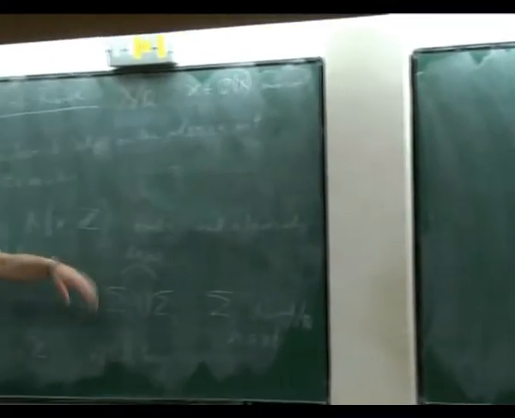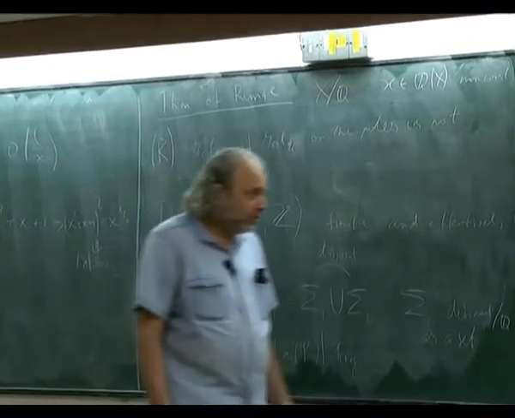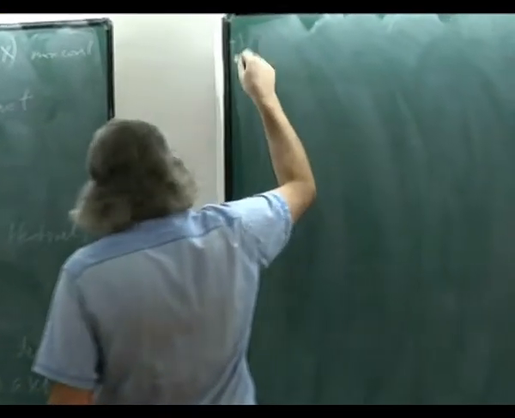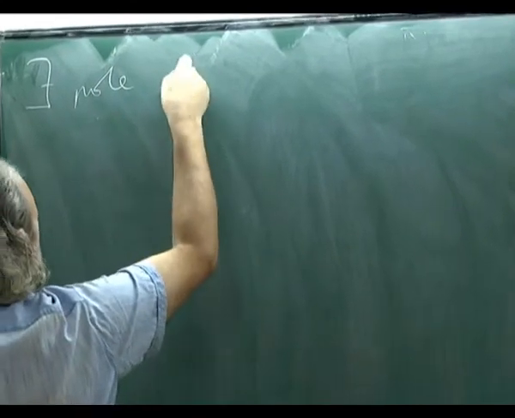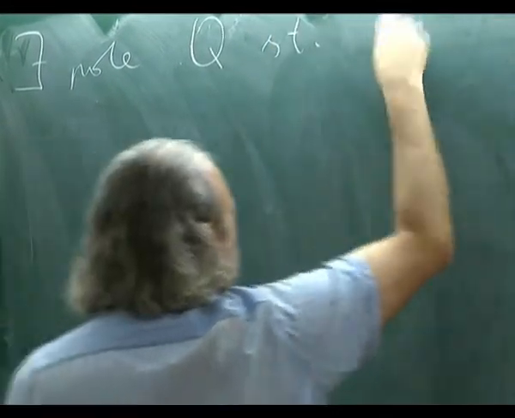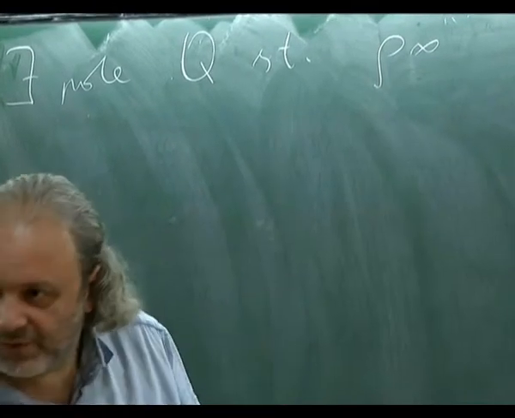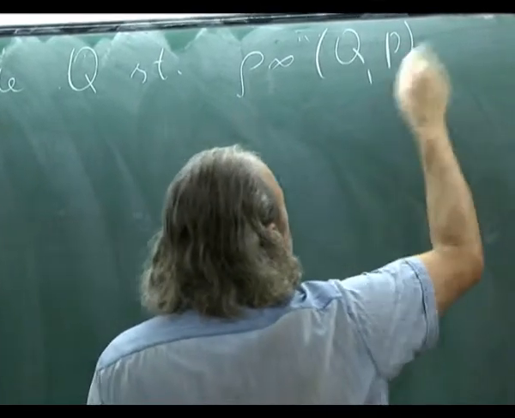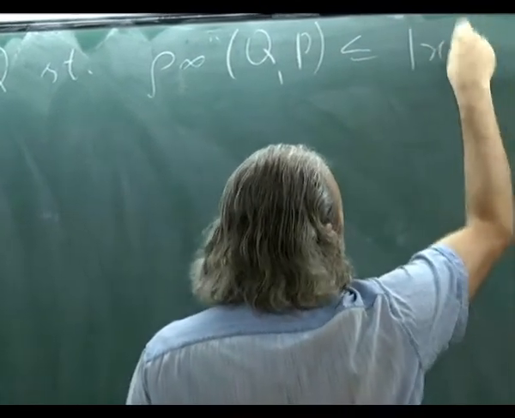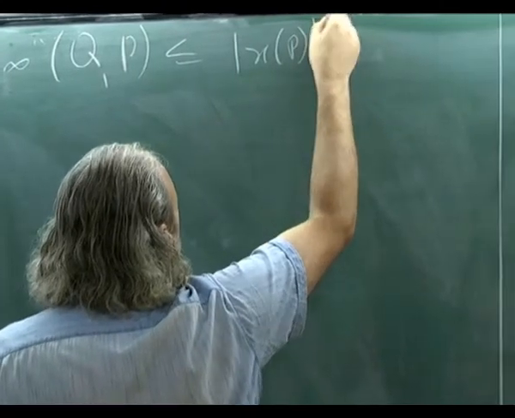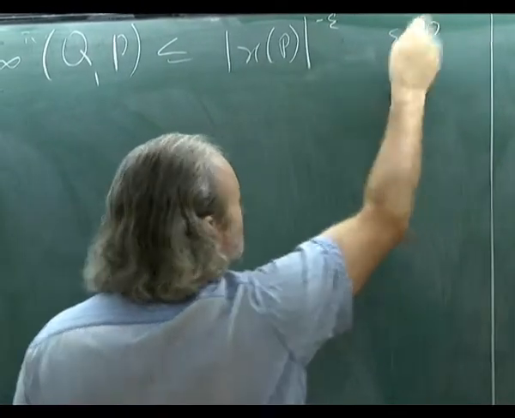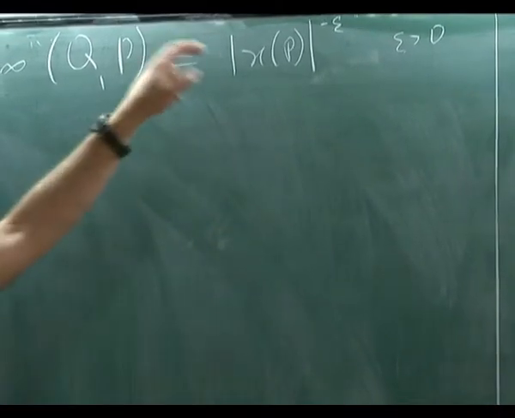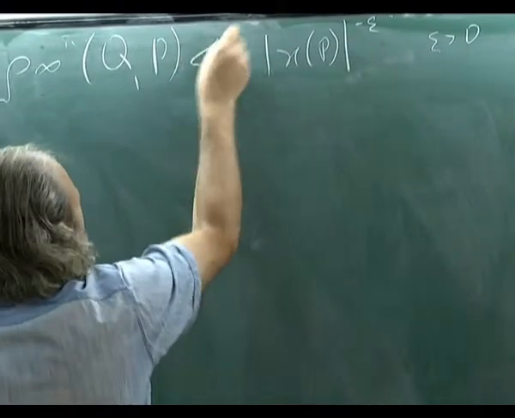And we just somehow extend the infinite absolute value to Q bar, and then there is a pole Q such that rho infinity, where infinity means that we use here the infinite absolute value of Q and P, is small, smaller than X of P to some power minus epsilon, where epsilon is some positive constant.